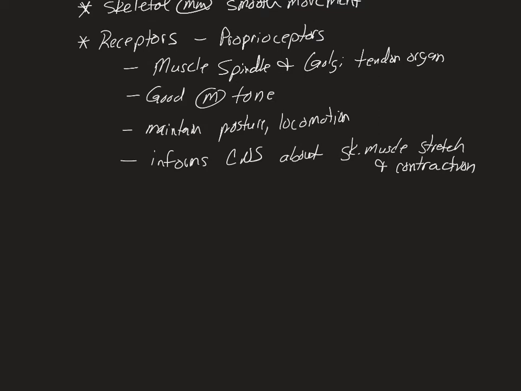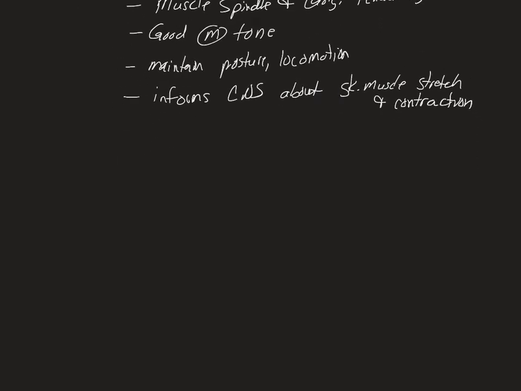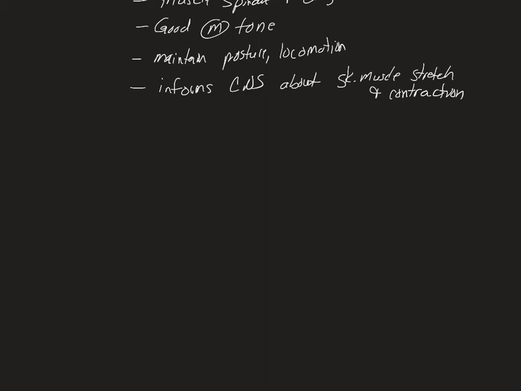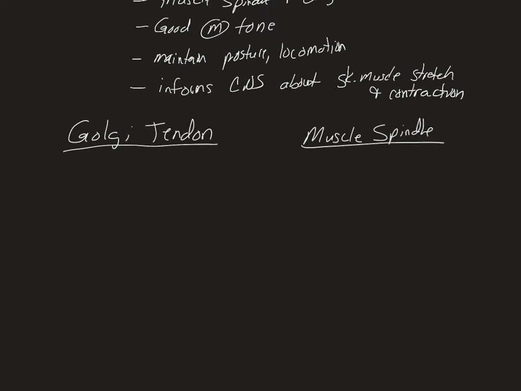Okay, so when we look at these, it's good to do some kind of table that does a compare and contrast of the Golgi tendon organ versus the muscle spindle. So both of these are proprioceptors. So what do they have in common? They're proprioceptors.